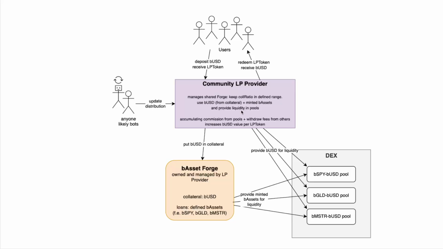Maybe one word about risks here, because nothing is completely risk-free. As I said, it's delta neutral, but it could be, of course, that you get impermanent loss from the DEX position. So it could be that that goes completely out of whack.